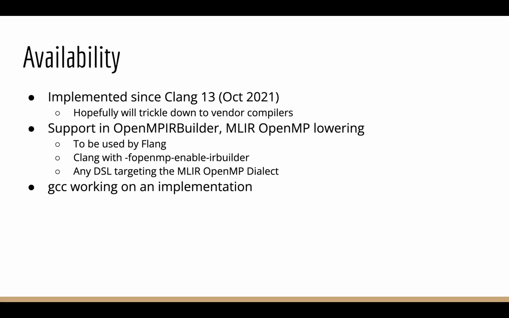There is no support for it yet from the Flang IR level, so it cannot be practically used at the moment. I also know from the GCC folks they are also working on an implementation, but it has not been upstreamed to any release version of GCC yet.